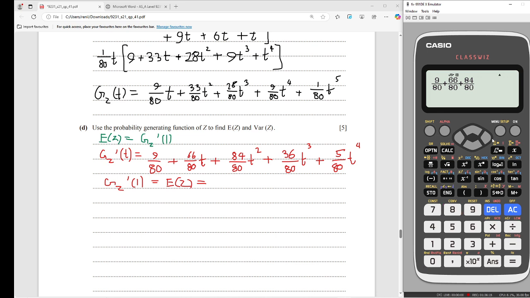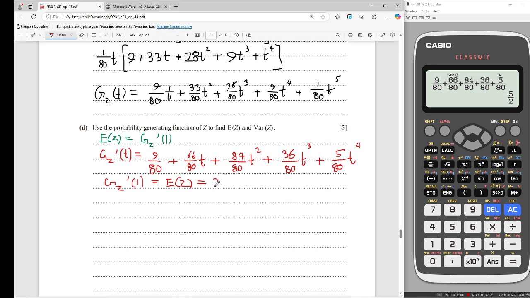But either way, we just need the answer, and both ways grant us the correct answer, so stick with this. Plus 5 by 80. Over here we get our answer 2.5. This is our E(z).